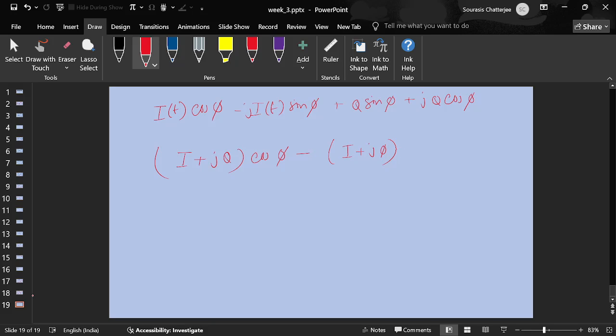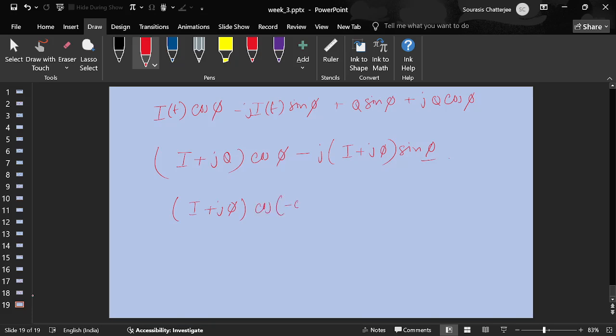Okay, it's minus only, j sin phi. Did I write minus j square plus? Okay, okay, it looks fine. So it's essentially I plus jQ.